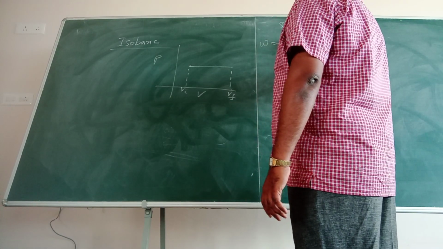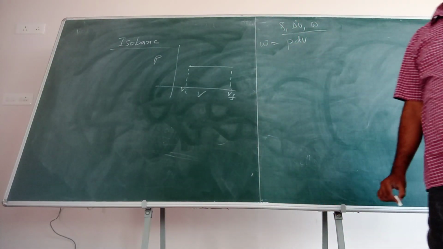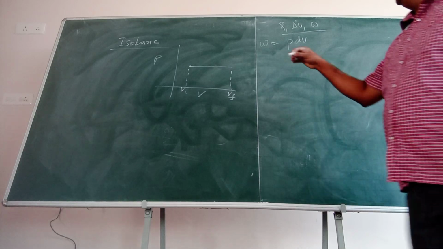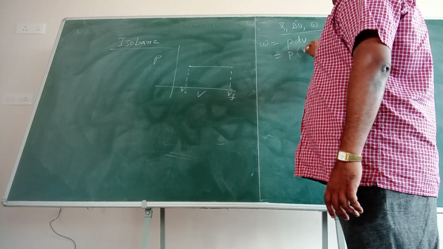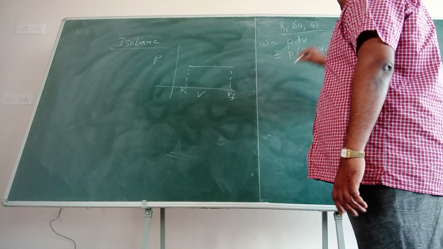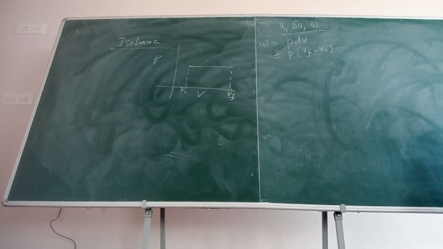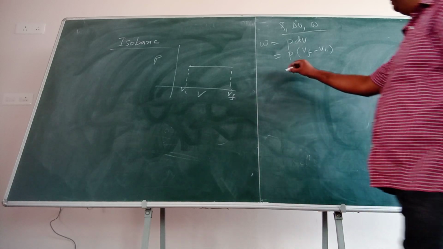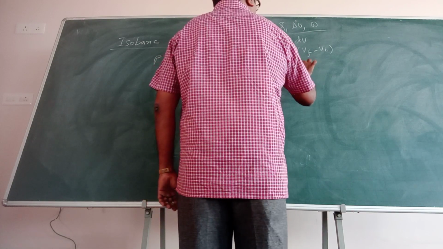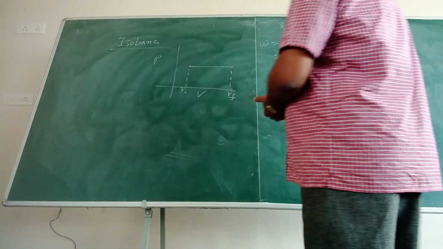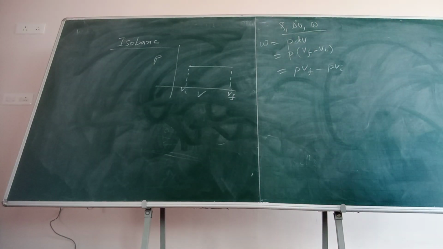W again is the integral of PdV only, the formula remains the same. Now dV is the change in volume, so it is P multiplied by Vf minus Vi. So this is PVf minus PVi.